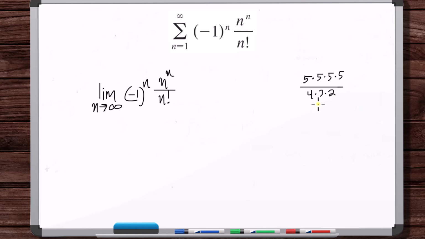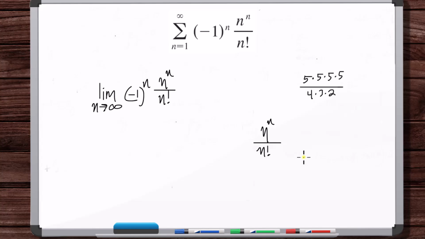So what does that tell us? Does that tell us that it's increasing or something? I don't know what it tells us about the behavior of the function, but one thing it tells us is that n to the n over n factorial is never going to approach 0.